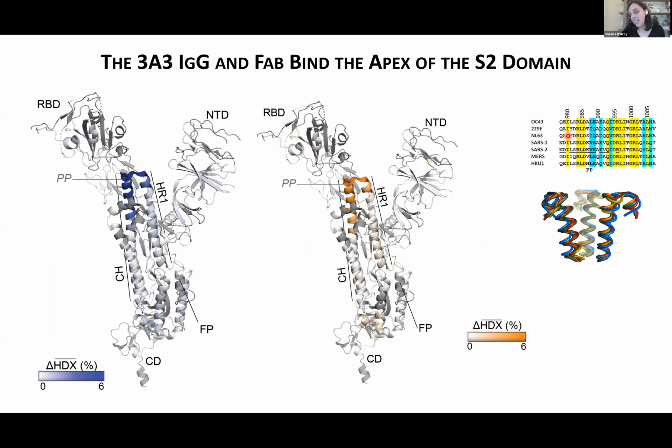If we look at the sequence of this epitope between 7 different coronaviruses, we can see that it's highly conserved. And if we look at the structures of the spike proteins from these coronaviruses, we can also see that it's structurally very conserved. So we were able to very rapidly identify the epitope of this 3A3 IgG.